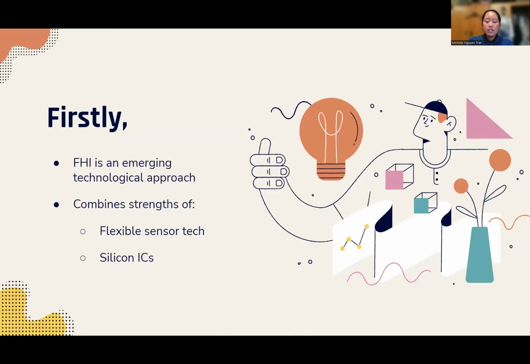There are many benefits to an OFET-based flexible hybrid integration system. Firstly, FHI is an emerging concept which seeks to combine the strengths of both flexible sensor technology and silicon integrated circuits. The silicon IC chips in such a system perform high performance and complex signal processing, while the OFET transducer provides flexible or conformable large area coverage and more friendly interfaces to integrate different sensing materials.